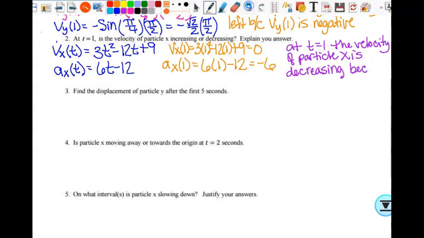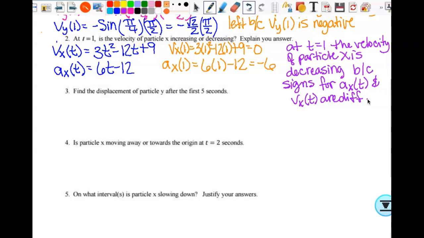Because the signs for a sub x of t and v sub x of t are different. Okay, we good with that? All right.